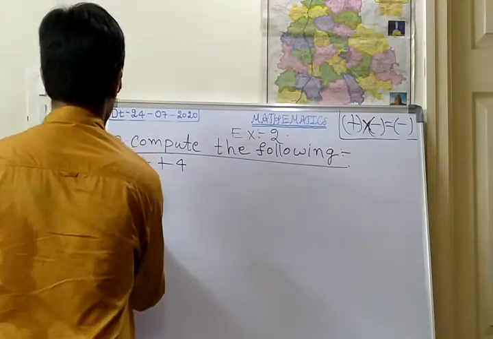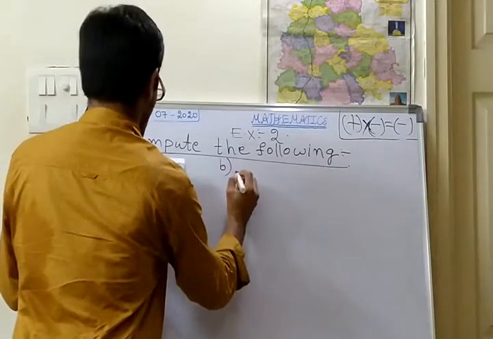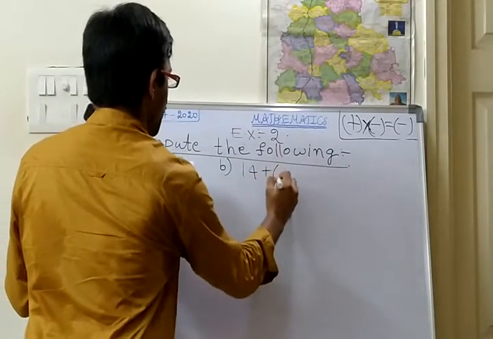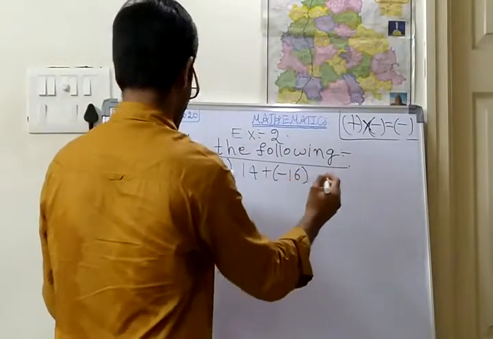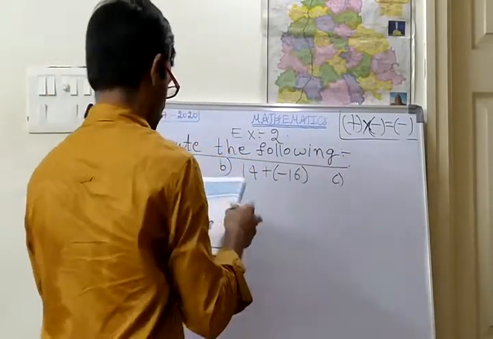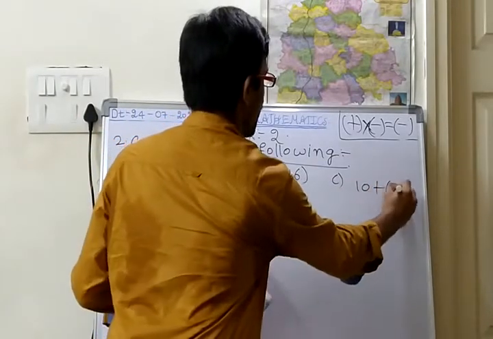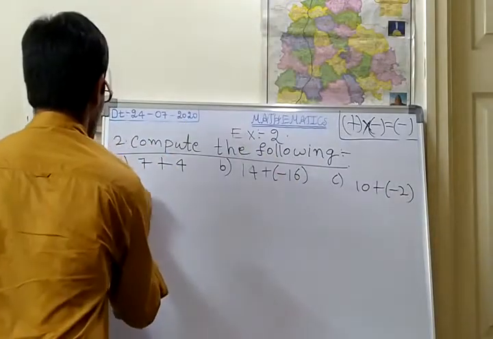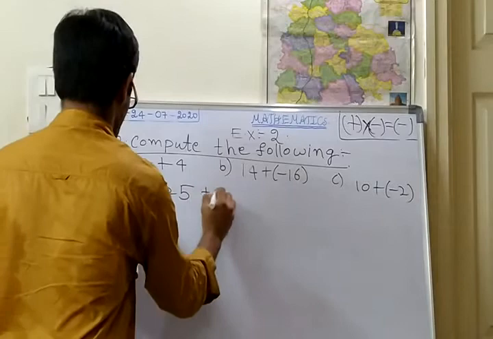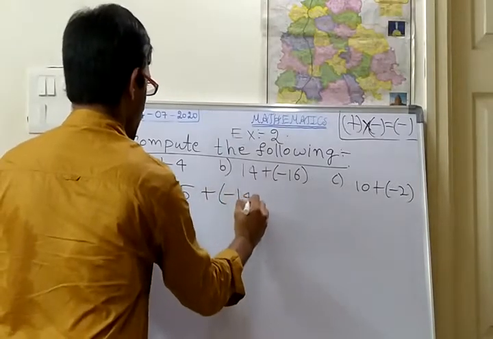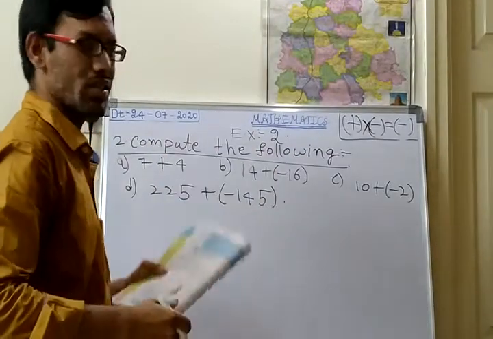Next, this is A. Next B problem, 14 plus of minus 16. Okay, next C problem, 10 plus of minus 2. Next D problem, 225 plus of minus 145. Okay, these 4 problems you have to do from this second bit.